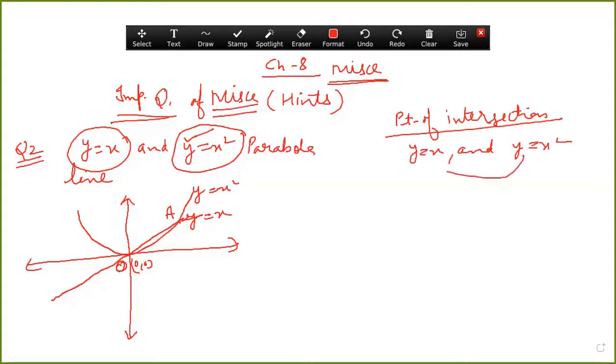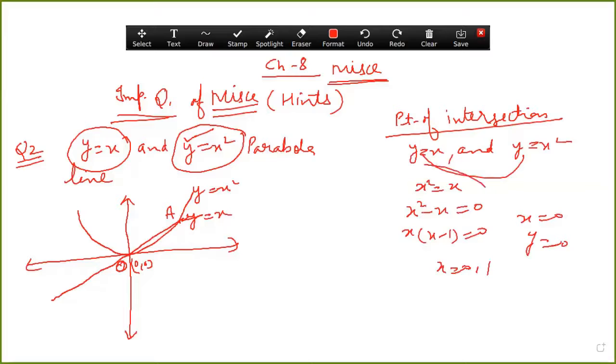This becomes x square is equal to x, or x square minus x is equal to 0. X common, two values are here, 0 and 1. If x is 0, then y will be equal to 0. If x is equal to 1, then y will be equal to 1. So this point A will have coordinates 1, 1.